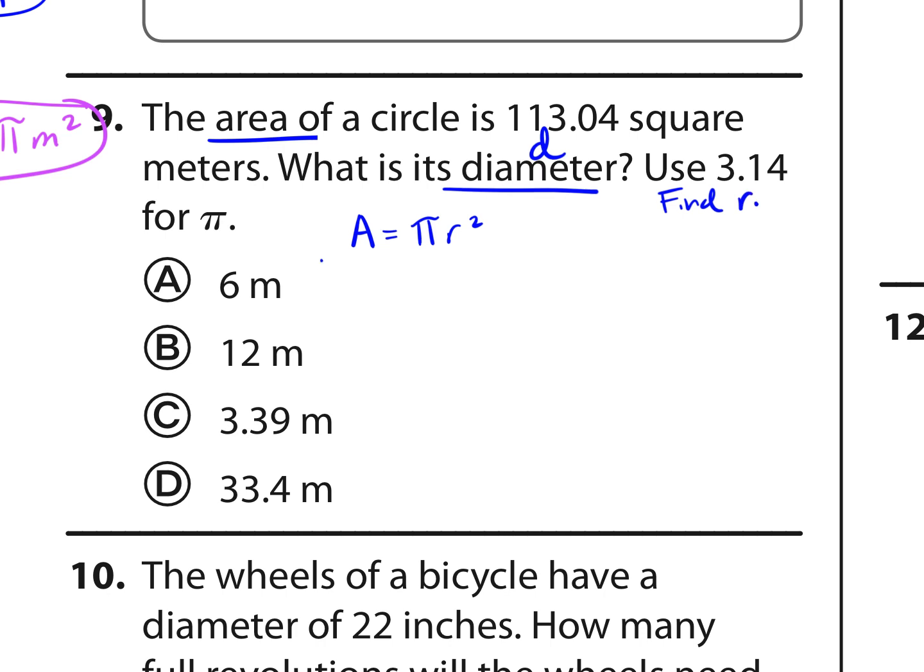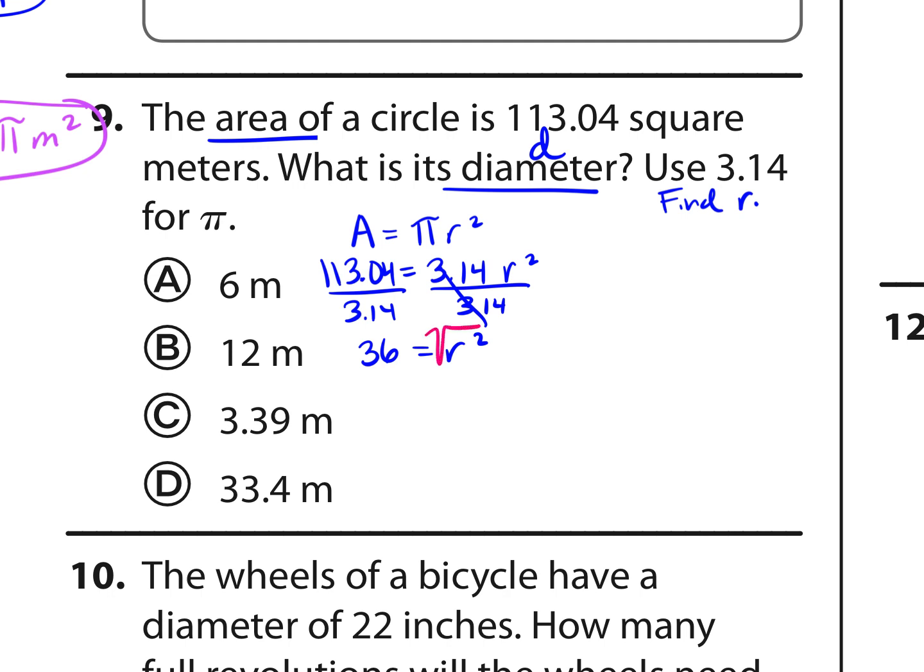So the area is 113.04. It says use 3.14 for pi, and we're looking for r. So I'm going to divide both sides by 3.14. So r squared is equal to 36. And now I want to get r by itself. So I'm thinking, what times itself is 36?